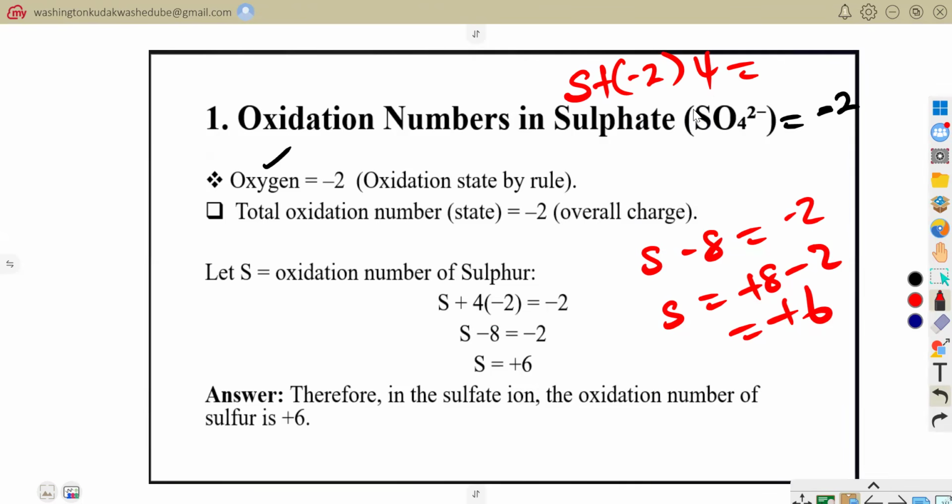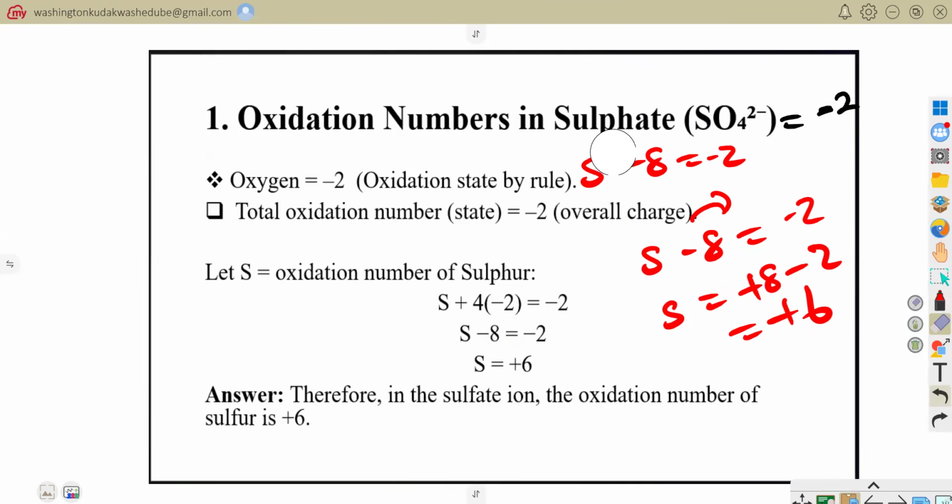And then the sum of the oxidation states is equal to the charge, which is -2. If that is the case, we now have S - 8 equal to -2. From there, we just solve algebraically, and we get the oxidation number for sulfur to be +6. So that is how you apply your rules.